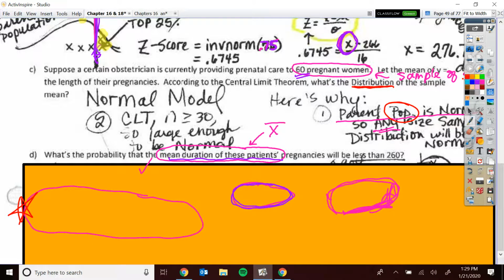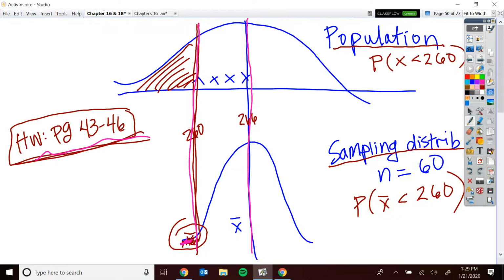The mean of the X bars is still going to be at, what was the mean up above? 266. The mean is still going to be 266. But the standard deviation, guess what? It's not 16. The standard deviation, see, look here, they're both going to be centered at 266, but the standard deviation is smaller.